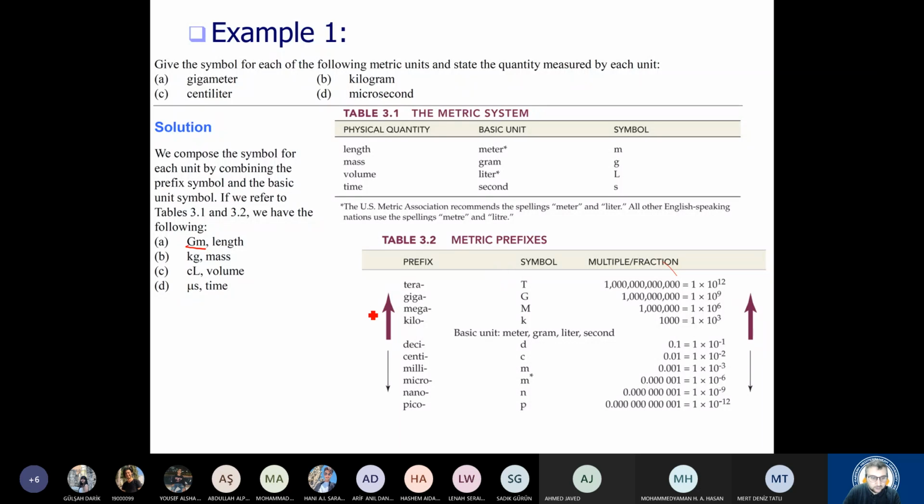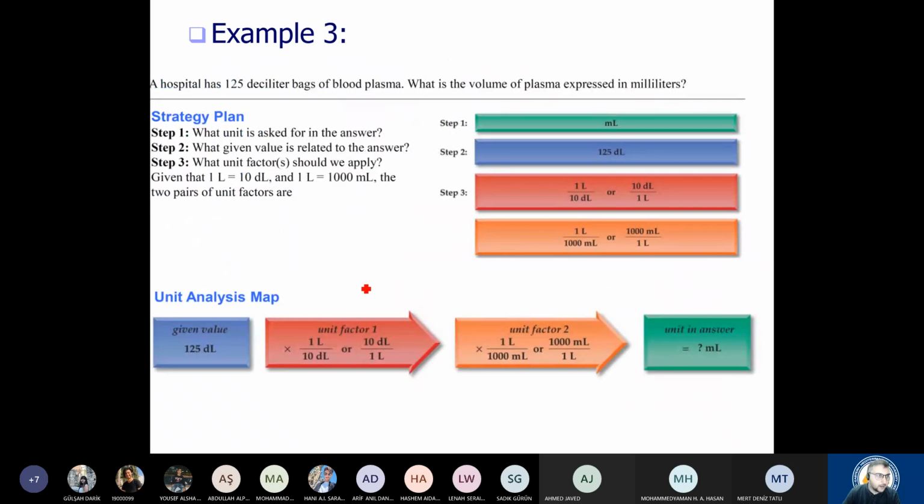If you are going down to small sizes, deci is 10 to minus 1, centi is 10 to minus 2, milli is 10 to minus 3, micro is 10 to minus 6, nano is 10 to minus 9, and so on. They are very simple.